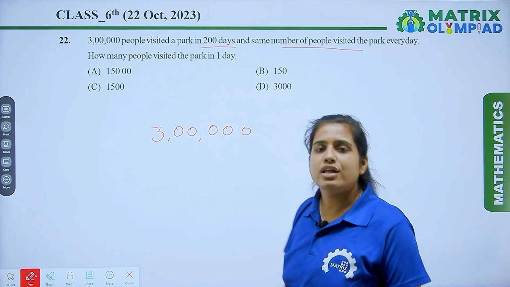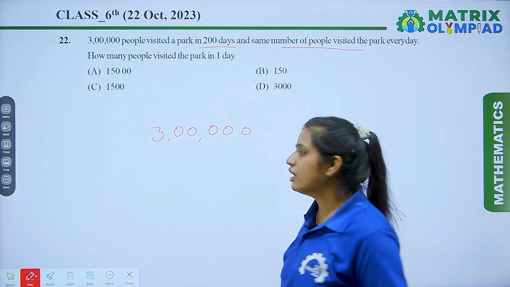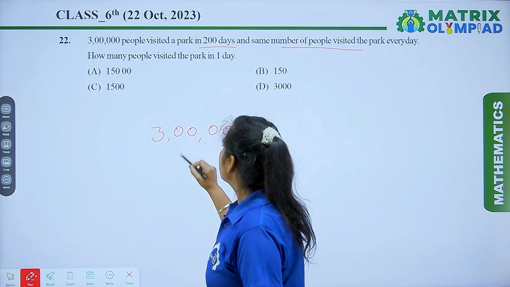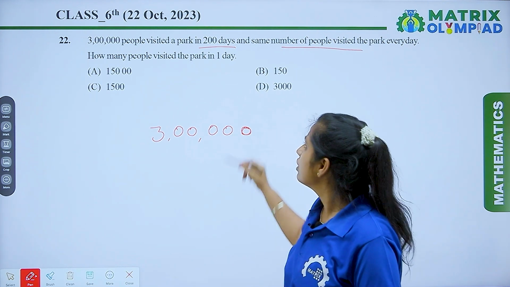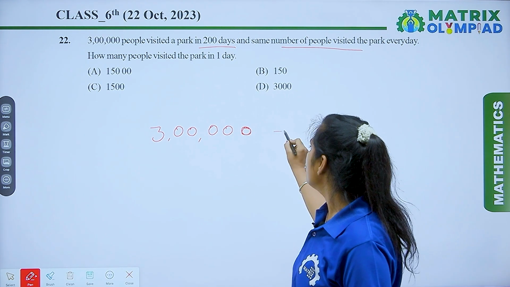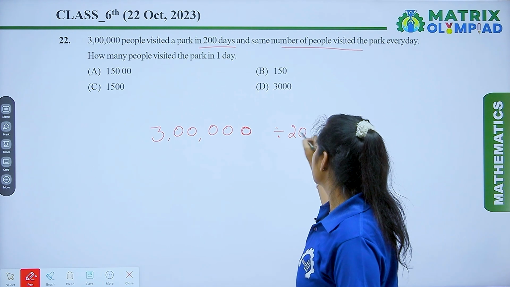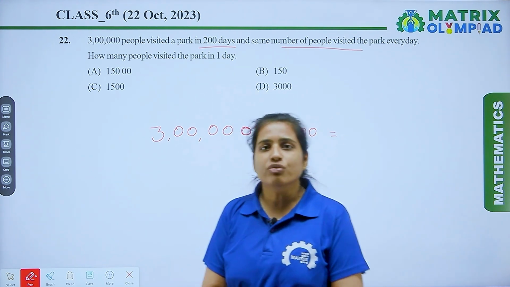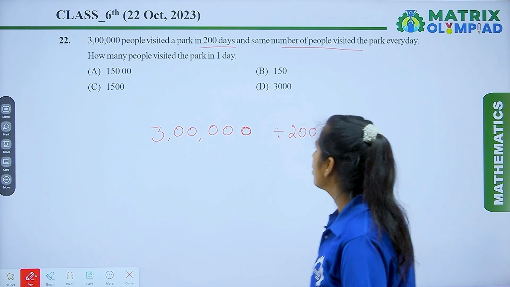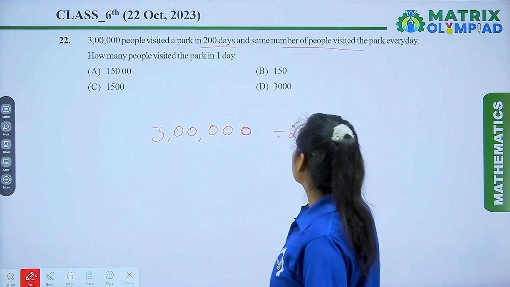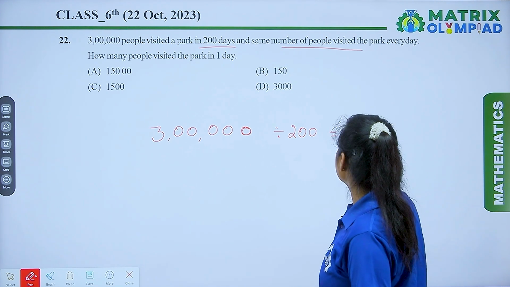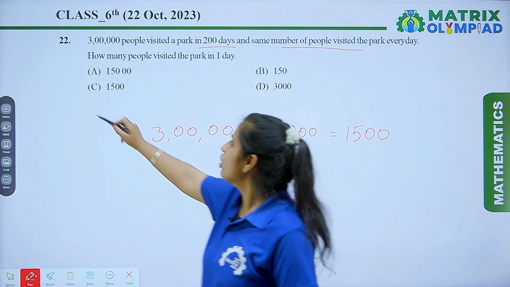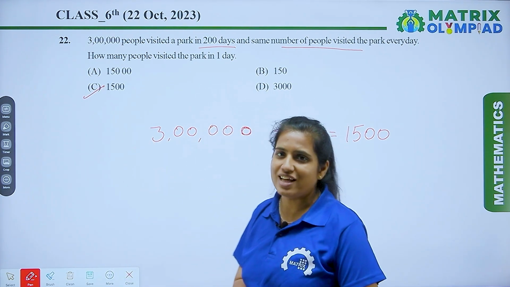So 3 lakh people is divided by 200 so that we can get the number of people who visited the park in one day. So 3 lakh divided by 200 is 1500. So option C is the correct answer.